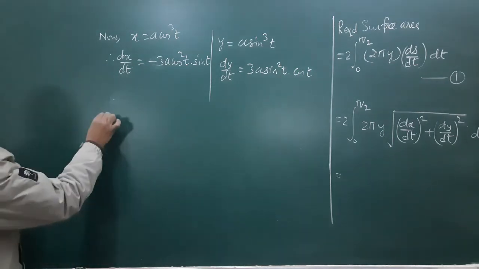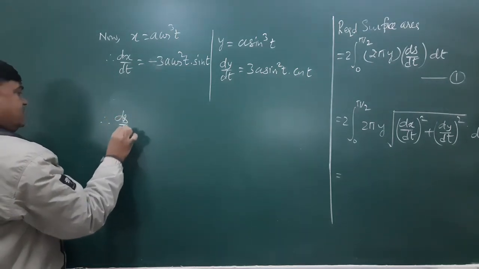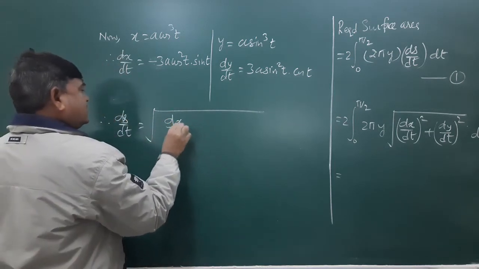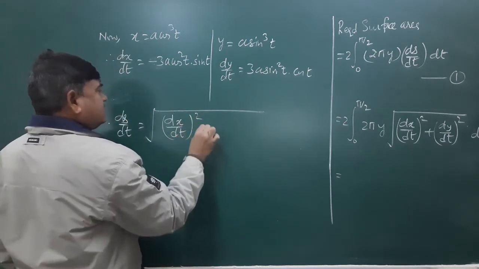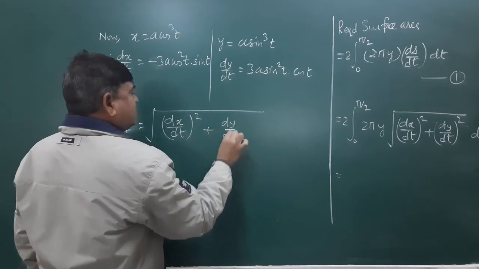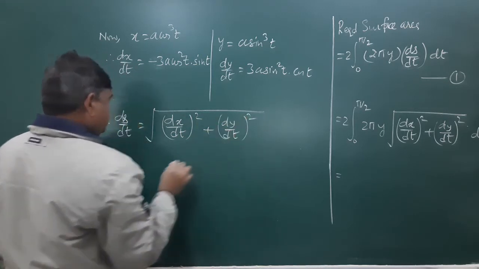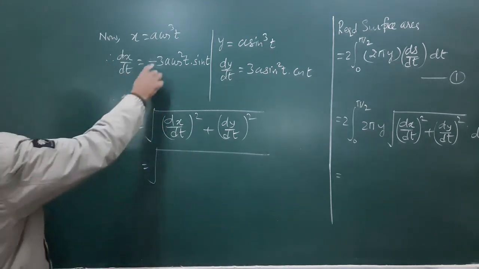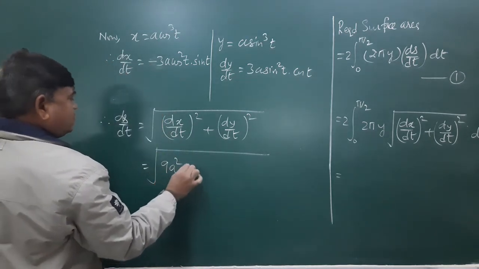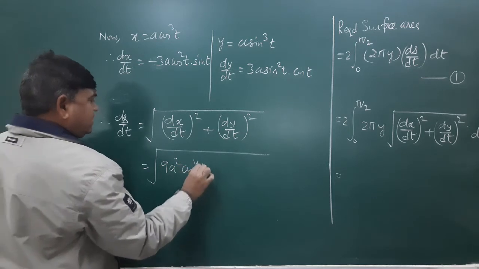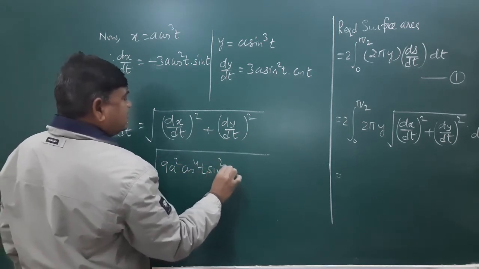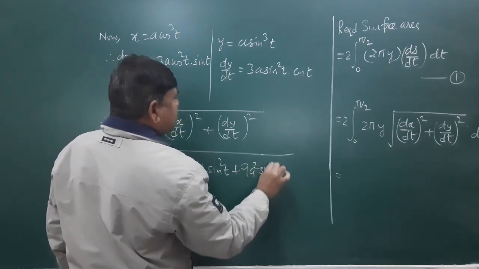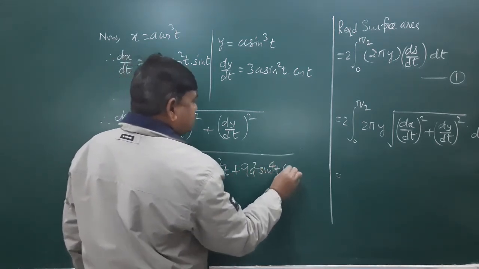Therefore, ds by dt is under root of (dx by dt) whole square plus (dy by dt) whole square, equals under root of 9a square cos to the power 4 t sin square t plus 9a square sin to the power 4 t cos square t.